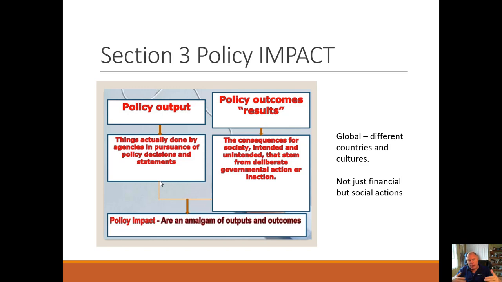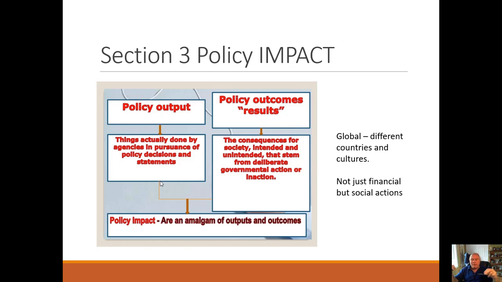Then there's the outcomes. Output and results are two different things. The consequence for society overall is that sometimes these are very short-term focused, and they're attempted to influence GDP, unemployment. And oftentimes there's unintended consequences of policy action that are not intended, but they happen.